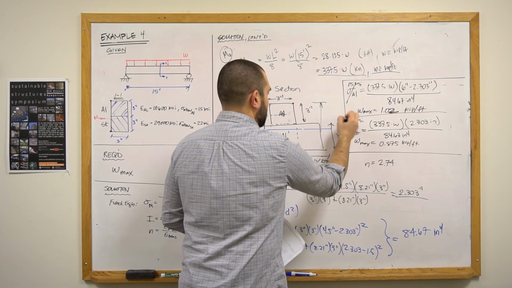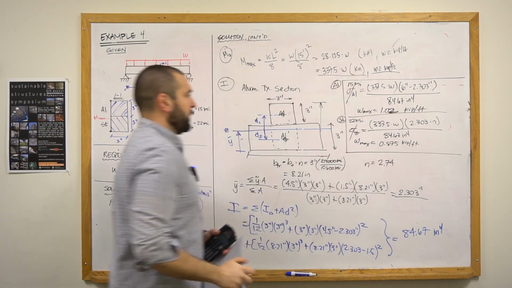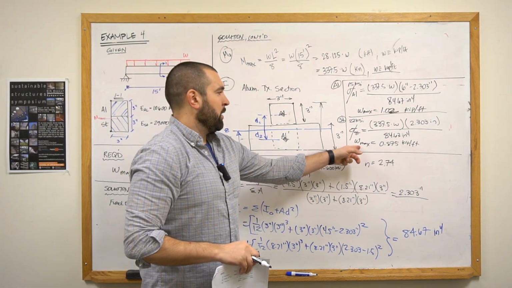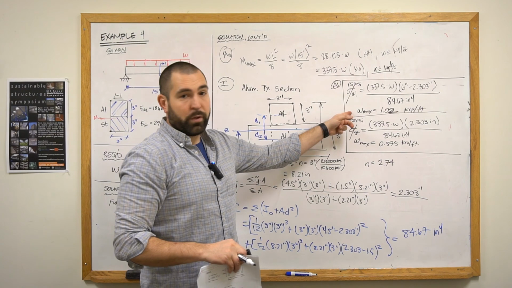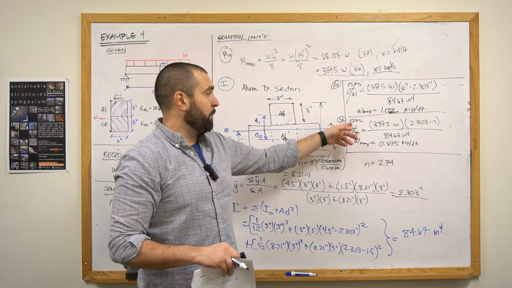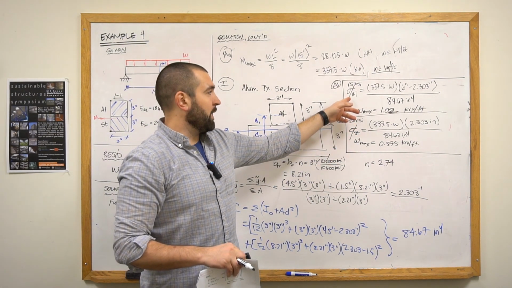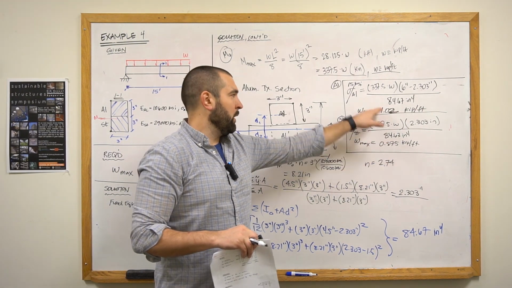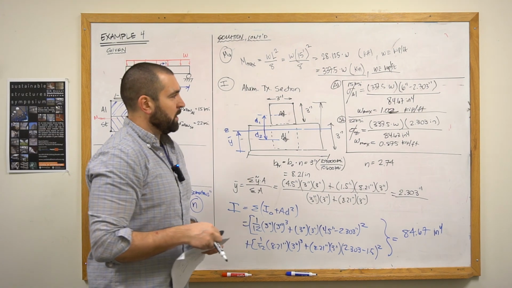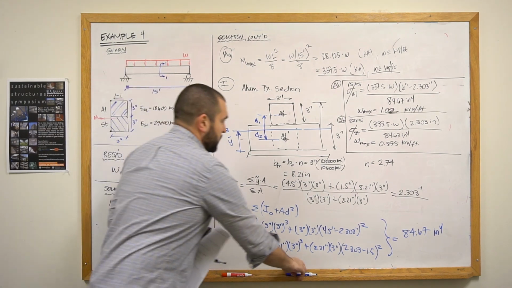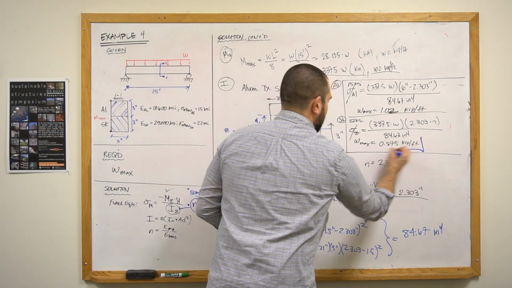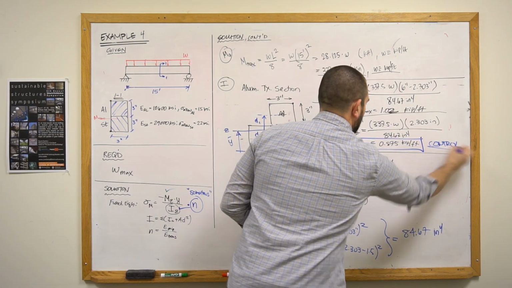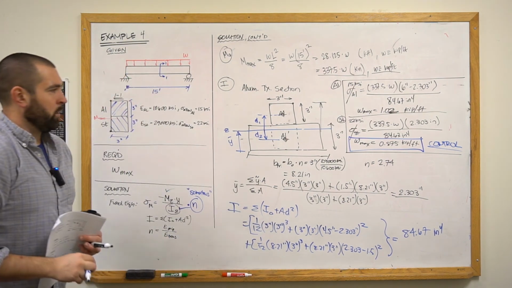So this is the steel, this is the aluminum, and this simply tells me the steel is going to fail before the aluminum, or the steel is going to reach its allowable limit before the aluminum reaches its allowable limit, because the maximum load based off the steel's limitation is lower than the maximum load based off of the aluminum's limitation. So this ends up being the controlling distributed load for the beam.